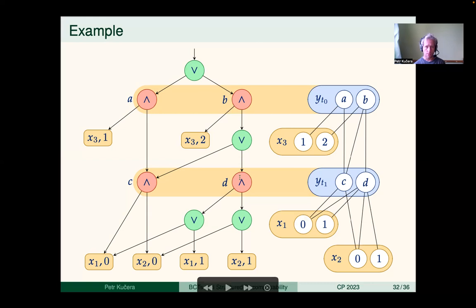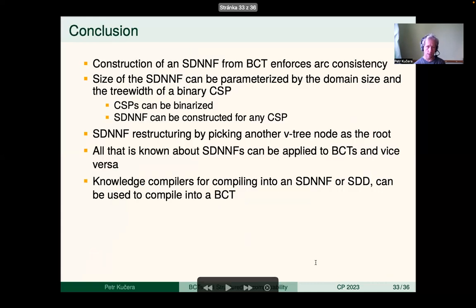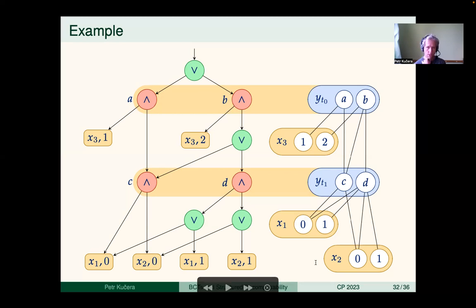In both cases, we get that the disjunction gate in the middle is satisfied and B is satisfied. And then we add a similar relation between YT1 and X1 and YT1 and X2. Now, we actually get back to a very similar picture to the original BCT we started with.